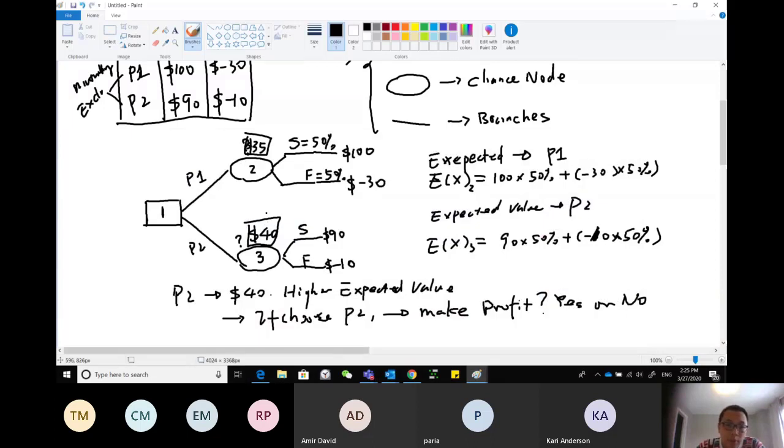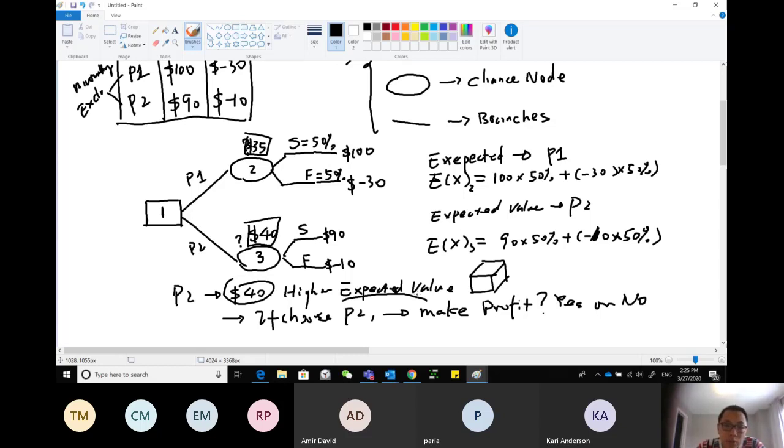So this $40 here is just the expected value, right? It's the same as what we did for the boxes, picking the drawers from the box, picking up the papers. It's an average number. If we are investing in project 2 over and over again, that's our expected return.